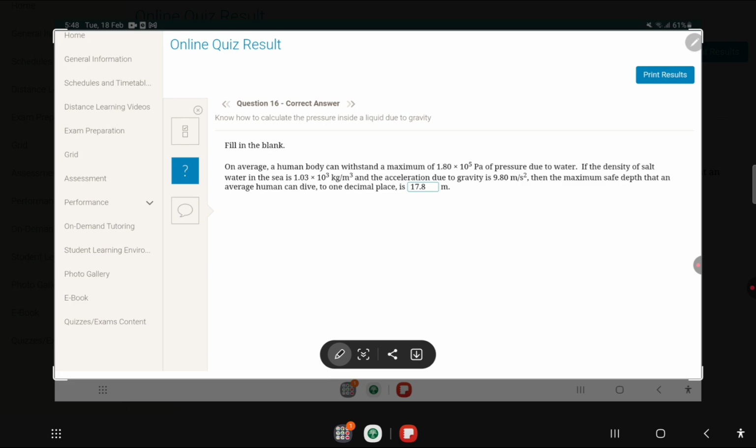If the density of salt water in the sea is 1.03 times 10 to the power of 3 kilograms per meter cubed, and the acceleration due to gravity is 9.8 meters per second squared, then the maximum safe depth that the average human can dive to, to one decimal place, is... As we said, in a liquid, pressure is equal to density times gravity times height.